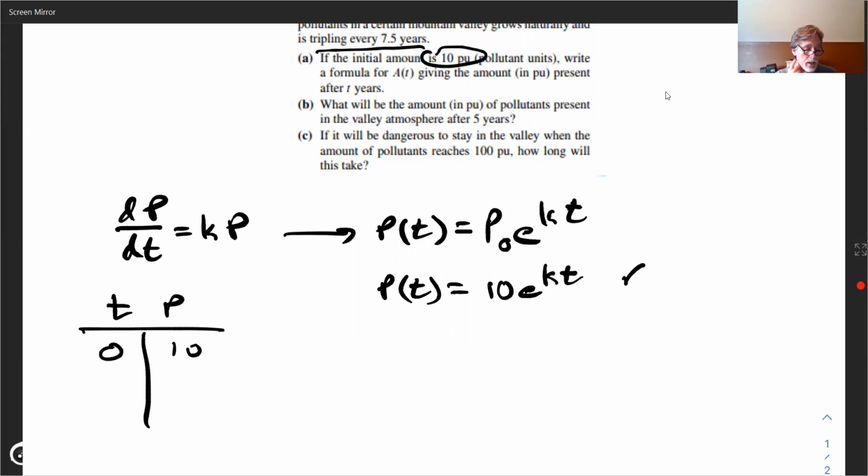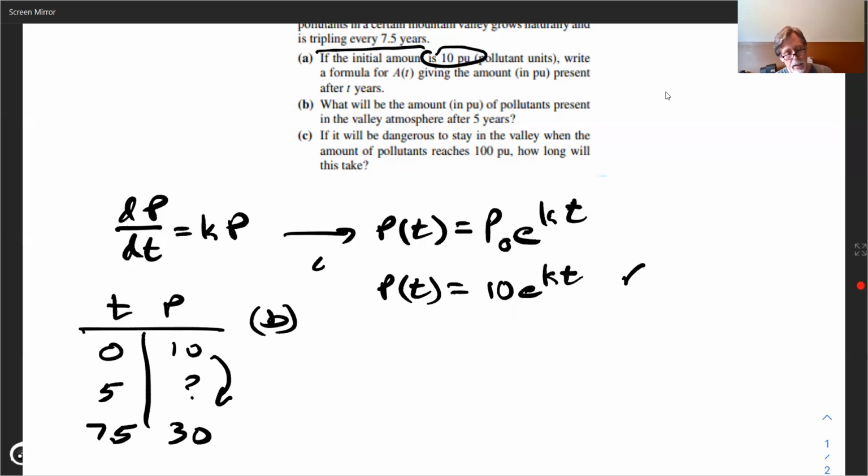When you want to go to 5, I don't know. But we do know that it triples every 7.5 years. So when we go to 7.5 years, it goes from 10 times 3 is 30. We can use that information, as you may recall from previous classes, to figure out more things about our solution.